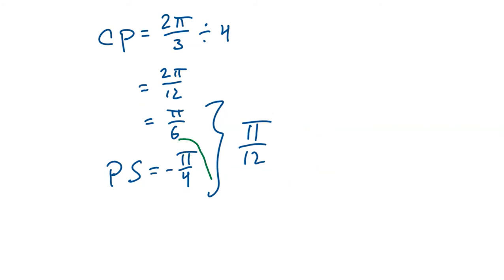And 6 times what gives me 12? 2. What this means is, if I made pi by 12 equal to 1 square, I would have 2 squares between critical points. Because 6 times 2 is 12.